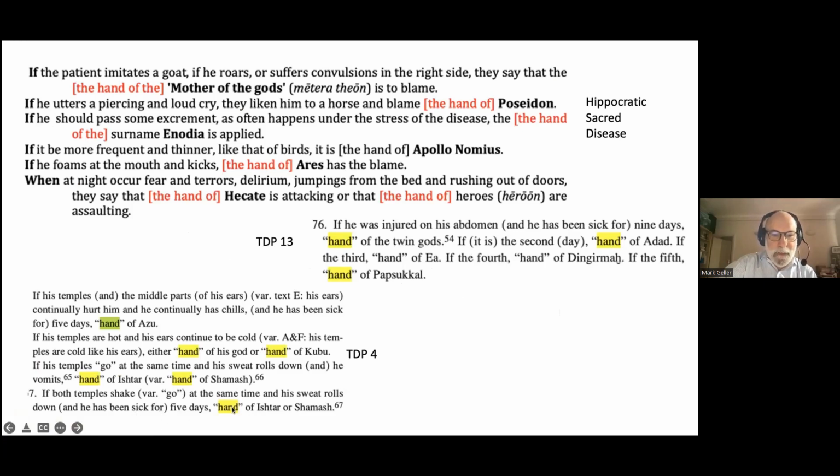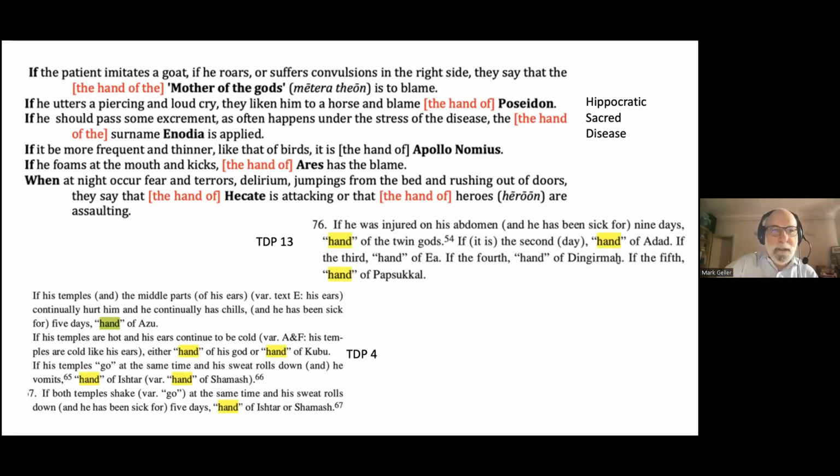If his temples shake and his sweat rolls, etc., it's the hand of Ishtar or Shamash. These are all typical passages. I've just taken them at random from the Babylonian Diagnostic Handbook, which is a list of some several thousand symptoms. But the typical idea there is the hand of.